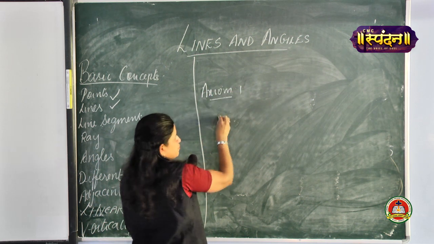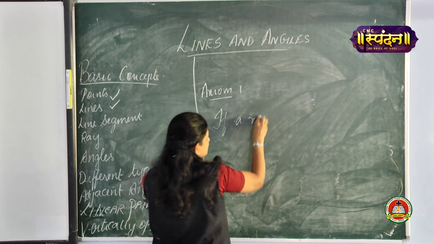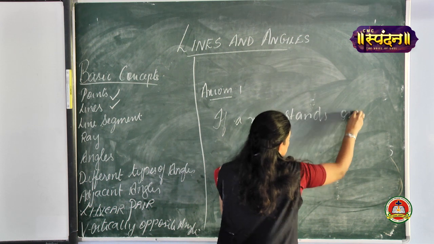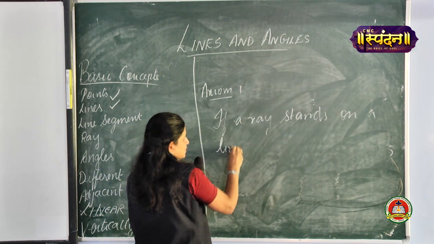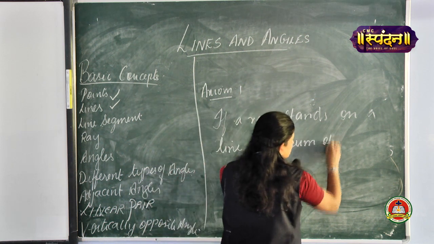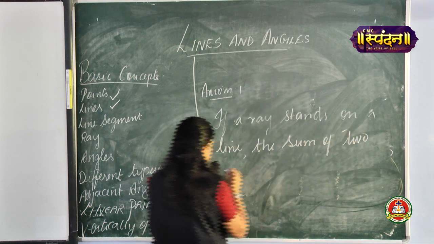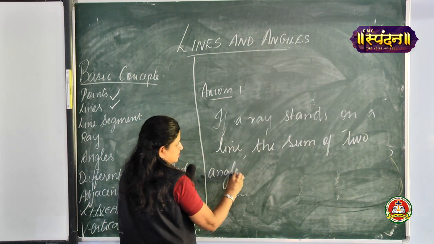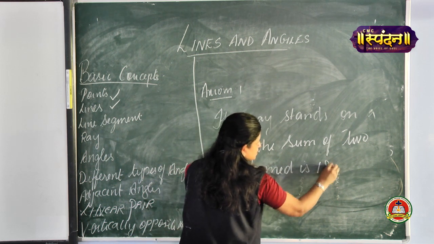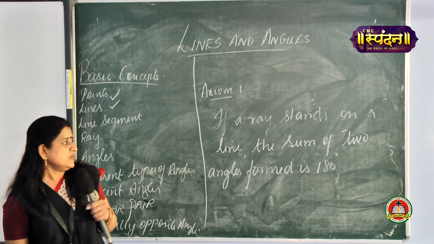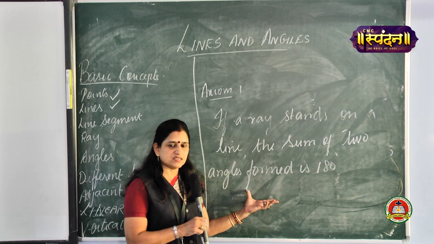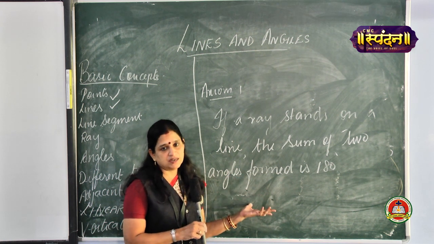It states that if a ray stands on a line, the sum of the two angles formed is 180 degree. So this is the first axiom, and you have the converse of this axiom also. If the sum of two angles is given as 180 degree, then it will be a straight line.